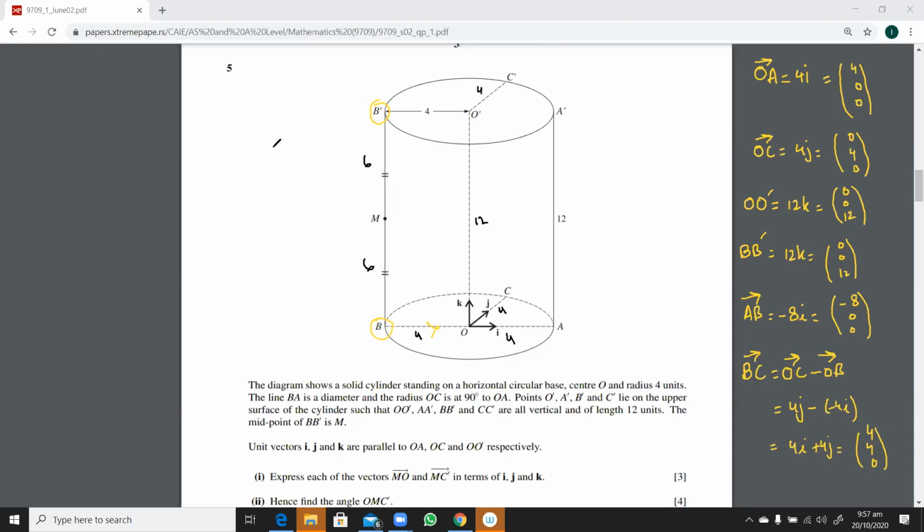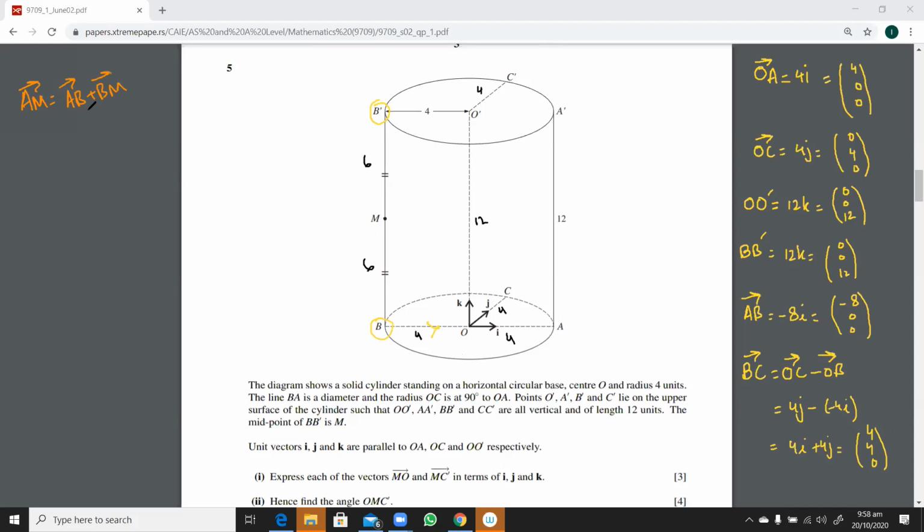The vector AM: minus 8i plus 6k, exactly. First of all, you would like to go from A to B and then from B to M. So this can also be written as AB plus BM.